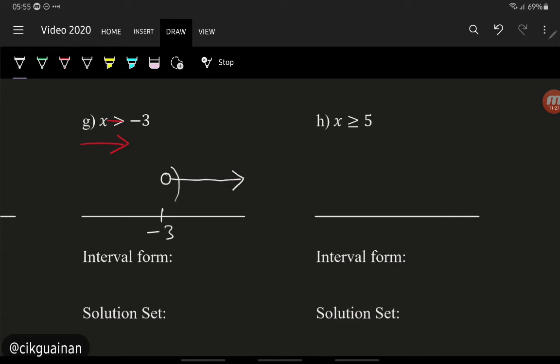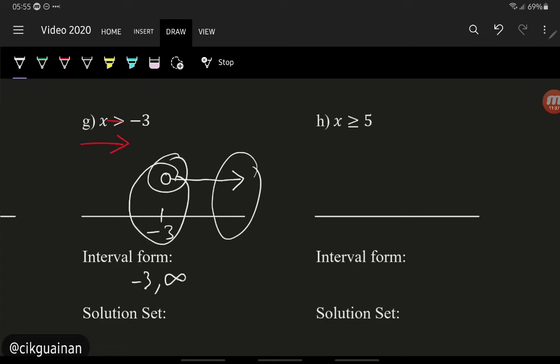Now how about interval form? -3 over here, and then this one is for positive infinity. Sorry, for -3 over here, it's an open circle, empty circle, so we are using an open bracket. Positive infinity also takes an open bracket. Now just take some time to write the solution set.